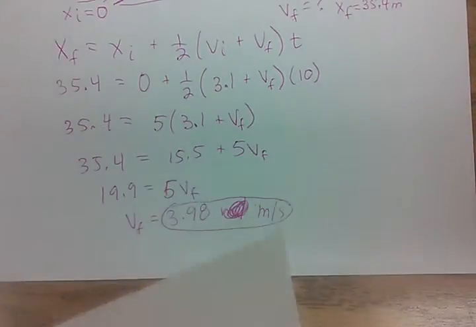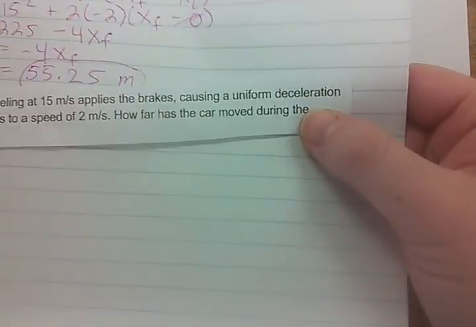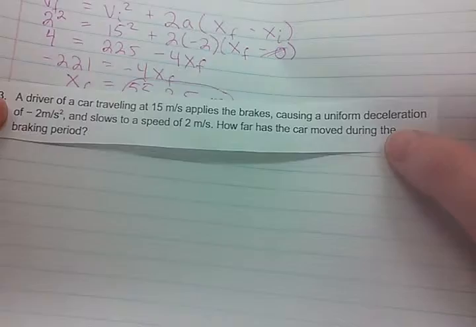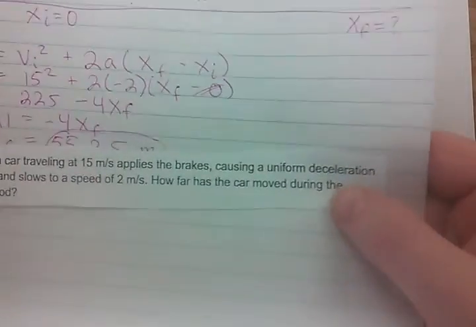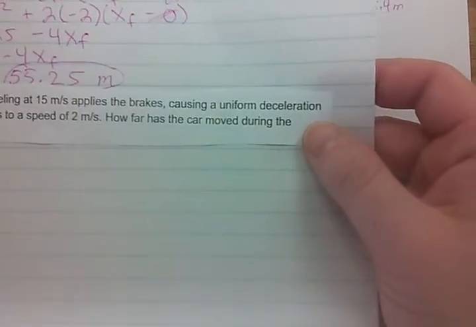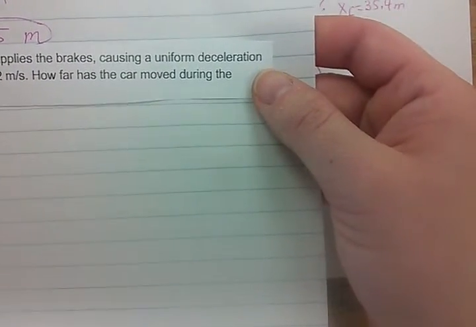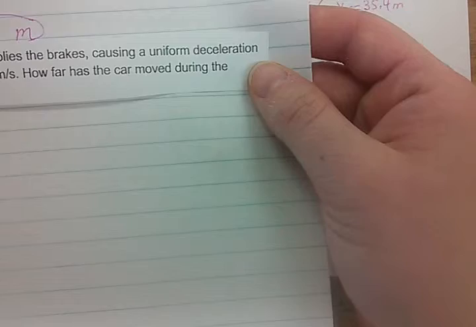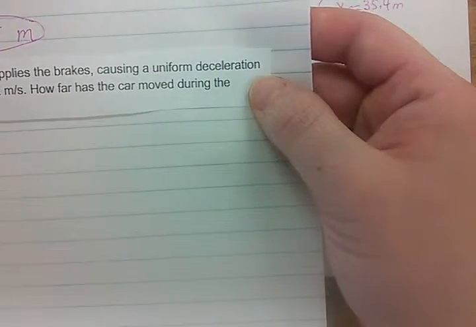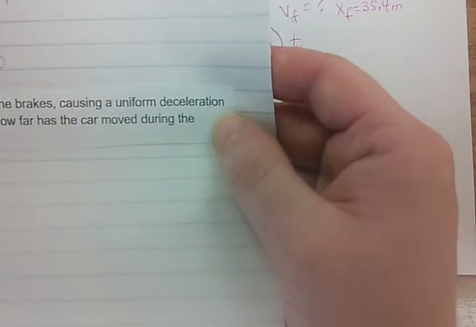For number 2, that's number 3, but we can talk about number 3. A driver of a car traveling at 15 meters per second. We got that he didn't slow down for 55.25 meters.